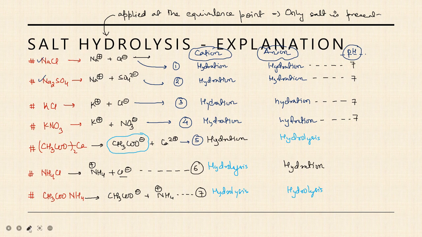In the fifth case, if cation is undergoing hydration but the anion is undergoing hydrolysis, हमेशा याद रखो अगर कोई anion hydrolysis करता है, मैं यहाँ पे लिख देता हूँ, अगर कोई anion hydrolysis करता है then it will always produce OH minus as a result of charge balance.